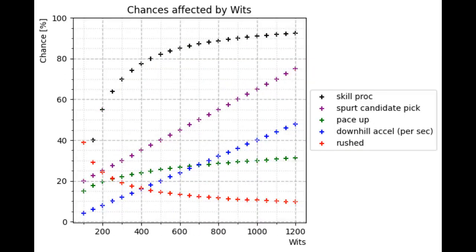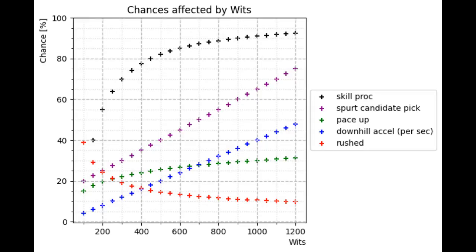This is a plot of 5 chances affected by wits. If you're not familiar with these mechanics, just focus on the purple data points. A 1,000 wit horse has a 65% chance of picking the best last spurt that her body can actually manage.